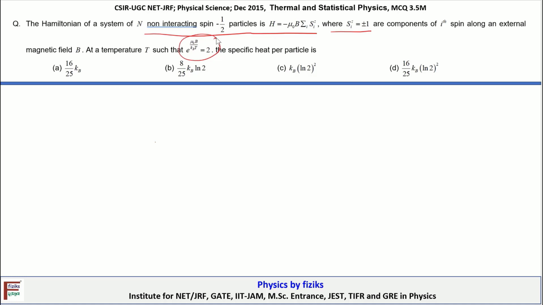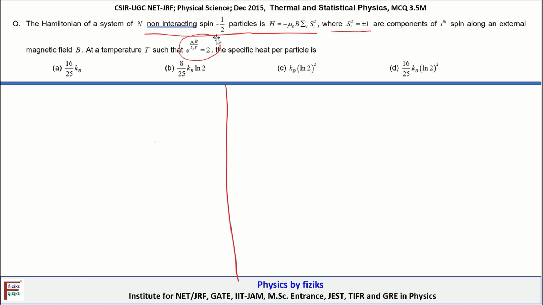The specific heat per particle is? Please keep in mind, when the physical quantity per particle is asked in the question, we need not work out the partition function for the n particle system. By simply calculating the partition function of a single particle, we can calculate the desired physical quantity. So here we are going to calculate the partition function for only one single spin.